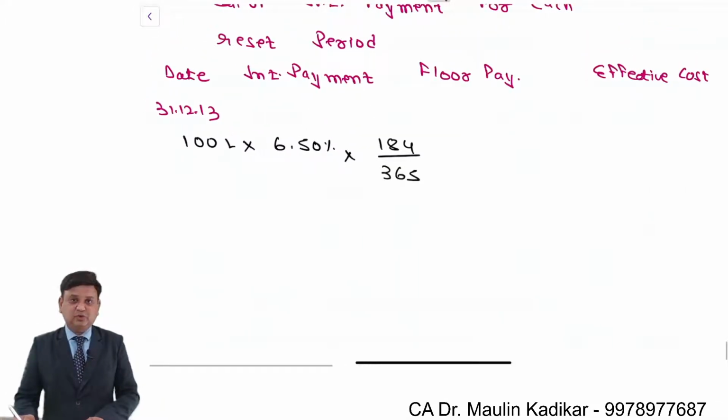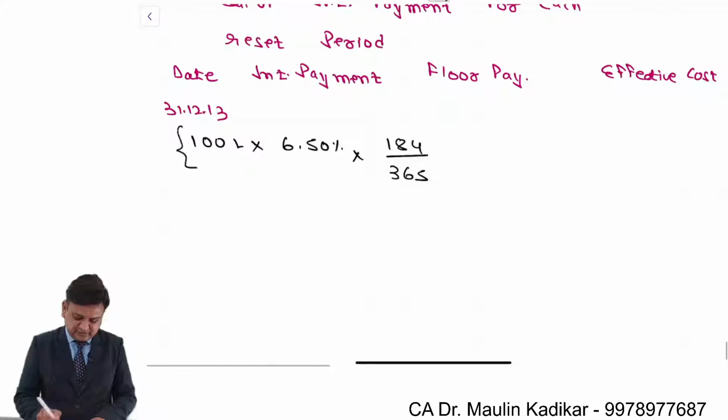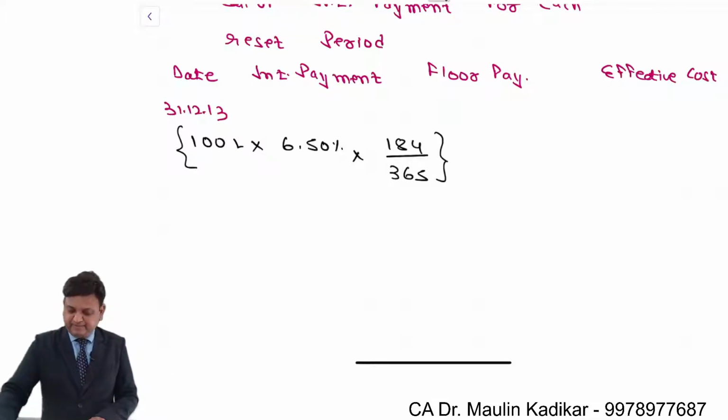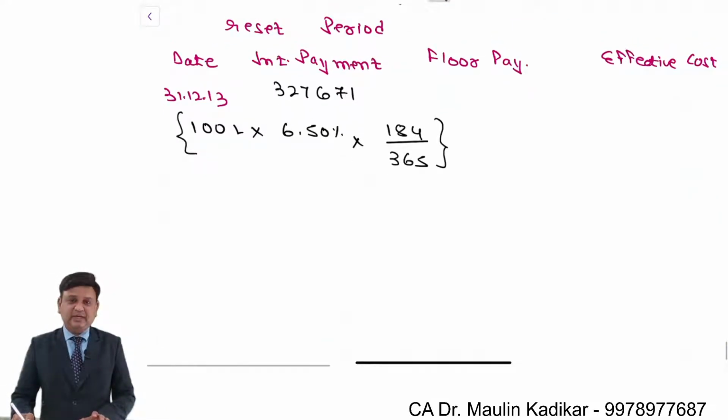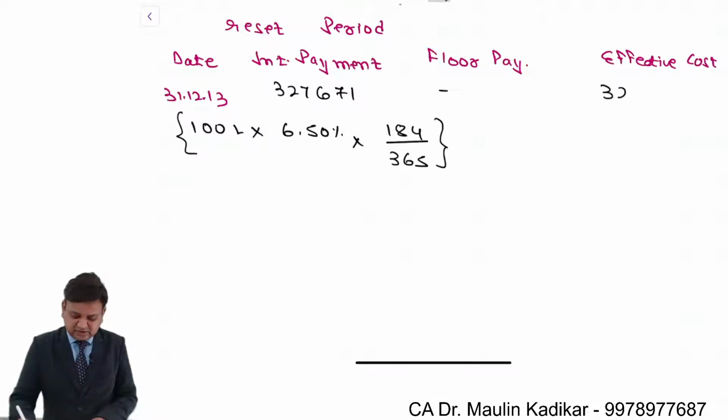This is the way we are required to show the interest payment for the first 6 months. So 100 lakhs into 6.5% into 184 divided by 365 comes to 3,27,671. This is the interest payment. No floor payment is there, and coincidentally there is no cap received. So this is the final cost, 327,671.